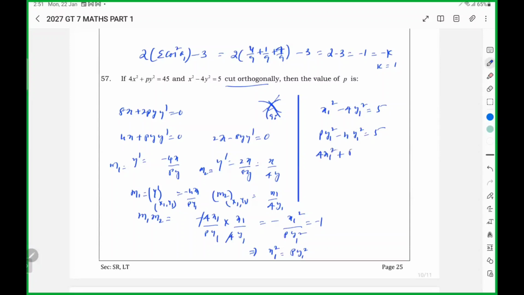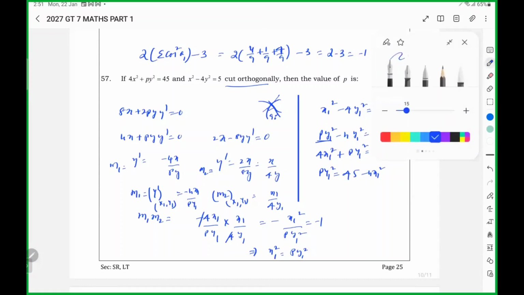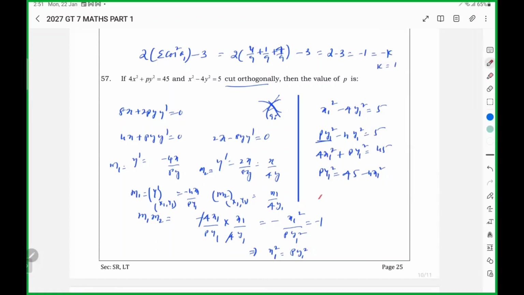4x1 square plus py1 square is 45. From here, 45 minus 4x1 square, this I will replace with 45 minus 4x1 square.